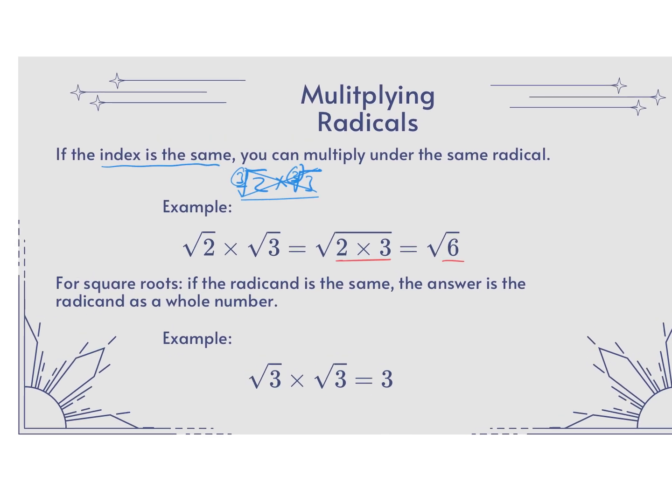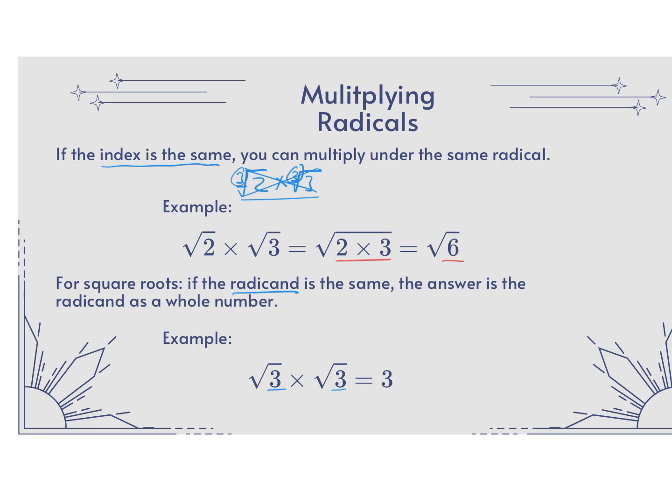If you have specifically square roots, right? So meaning if you have a radical with an index of 2, or no index. So for square roots, if the radicand is the same, remember the radicand is the number inside, the answer is the radicand as a whole number, right?